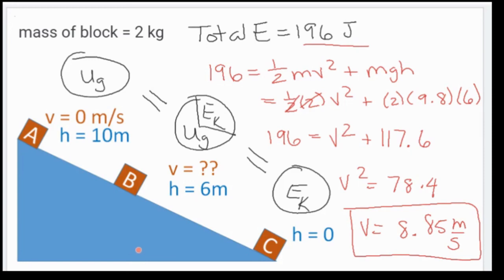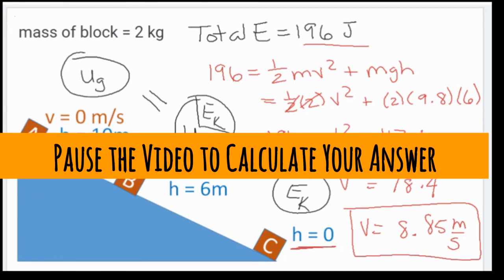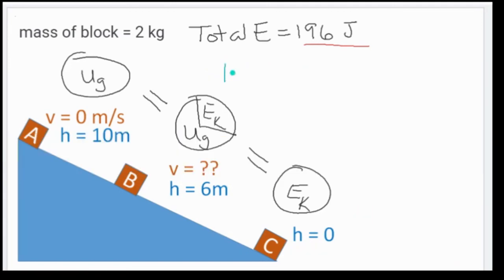Pause the video and see if you can use a similar method to find the speed of the block as it reaches the bottom when the height is equal to 0. At point C, all 196 joules of energy are kinetic energy.